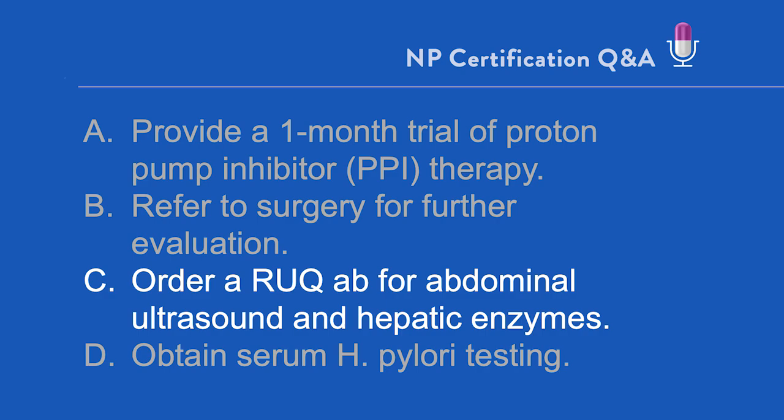C, order right upper quadrant abdominal ultrasound and hepatic enzymes. This is, of course, the correct answer, as this will help confirm, rule in or rule out the working diagnosis of gallbladder disease, usually caused by gallstones. Many patients with gallstones have intermittent discomfort as a result of this condition.